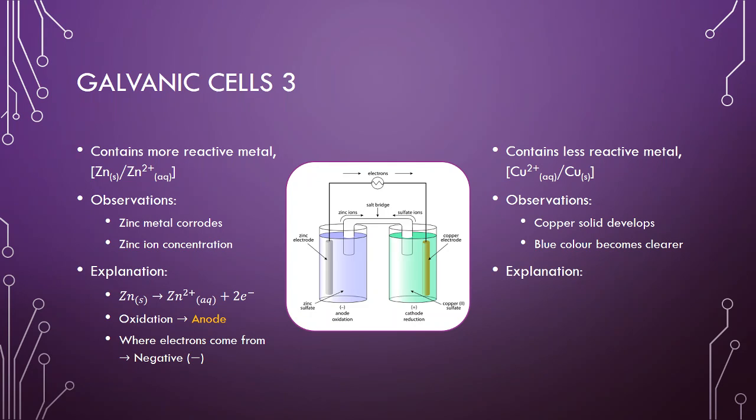So the solution would become clearer. Explanation wise, Cu2+ gains 2 electrons and it becomes Cu solid. So that's the solid you would see, and the blue color being consumed. Reduction always occurs at the cathode, and electrons are consumed, therefore it's considered to be the positive end.